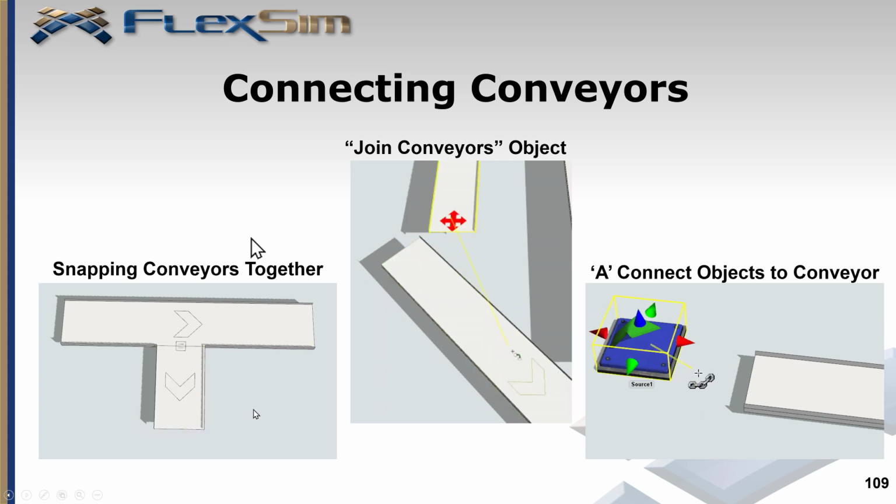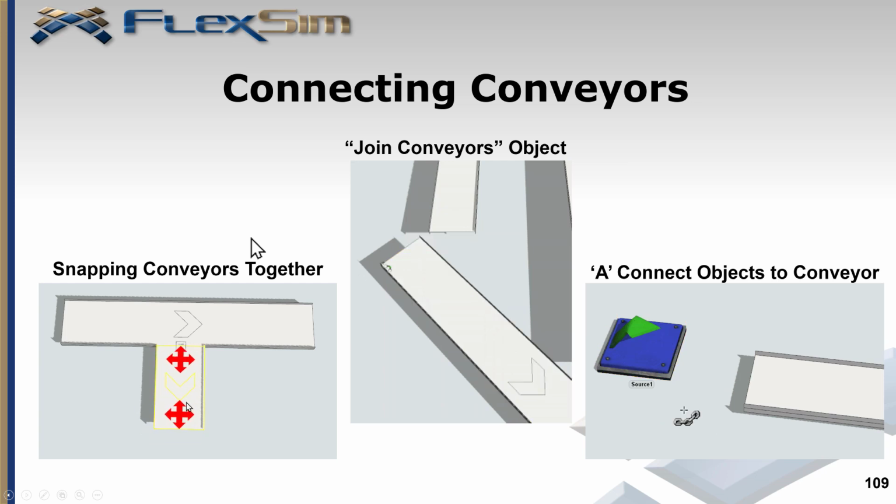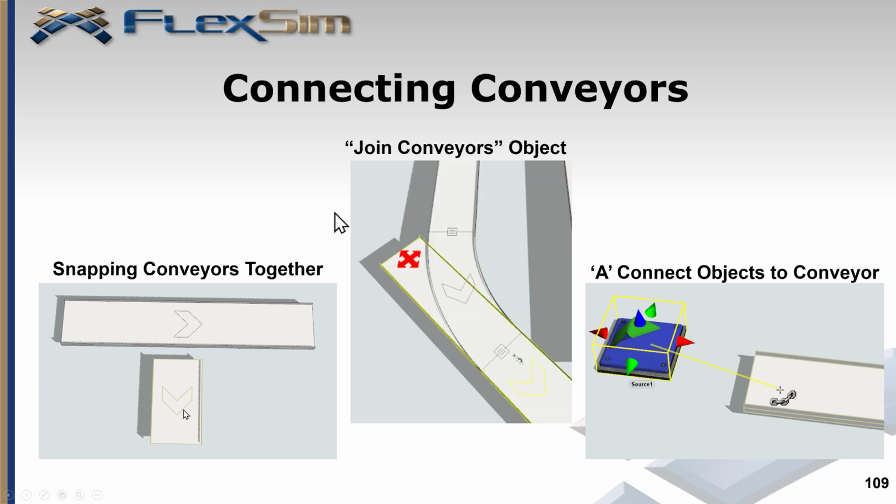After releasing the mouse button, a transfer object will appear that connects the two conveyors together. This transfer will look like a small square box that overlaps the edges of the two conveyors. The second method, and more common method, as depicted in this center animation, is to use the join conveyors object.